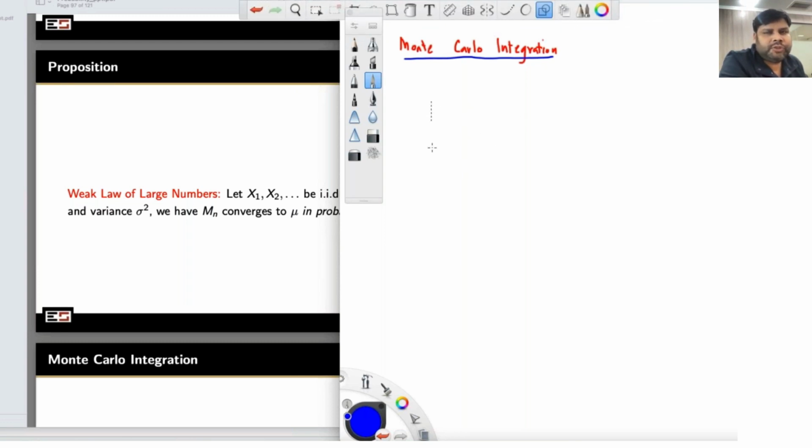Let me just draw some function. For the time being, let me restrict the domain to 0, 1. This is not required, but just to keep things straightforward and simple, let me restrict the domain to 0, 1. And let's say the codomain of this particular function is also 0 to 1. Both of these can be relaxed. It's not a problem.